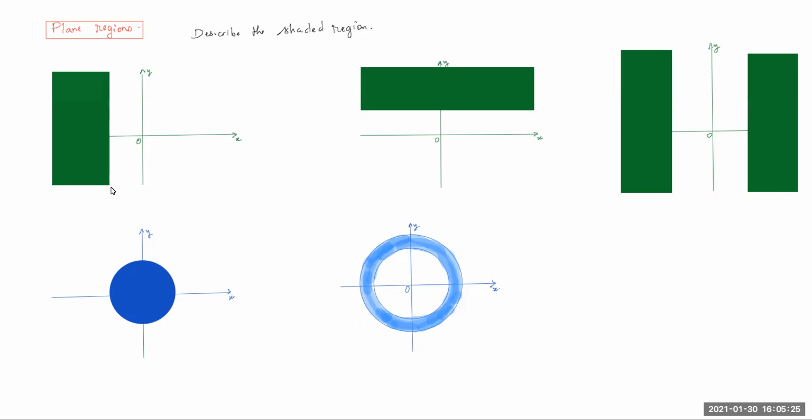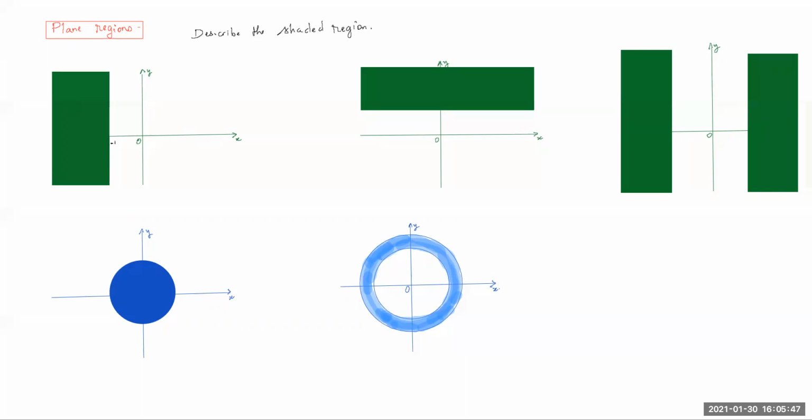So for example, suppose here that we have the unit -1, okay, -1. Then I can describe the shaded part here as the set of all points x, y.